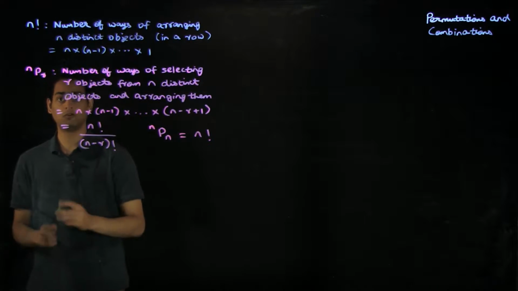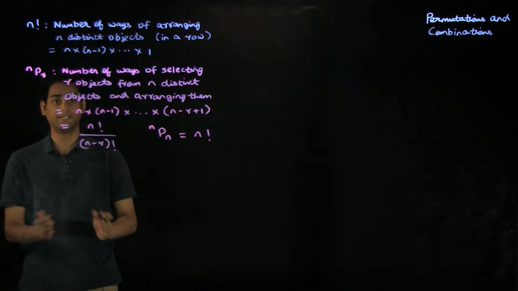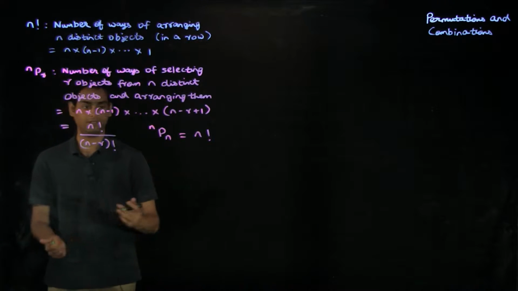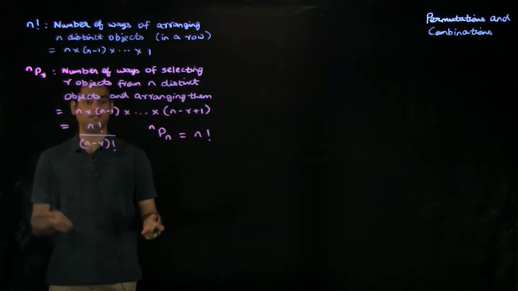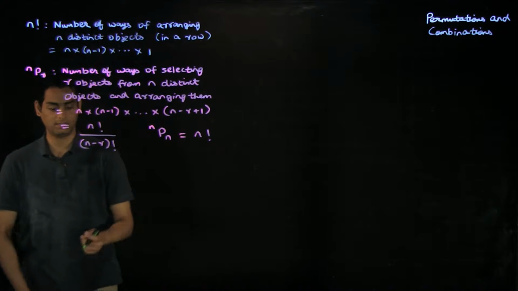So far we have looked at distinct objects and the number of ways of arranging them. But what if we don't have distinct objects? What if some of the objects are identical to each other?